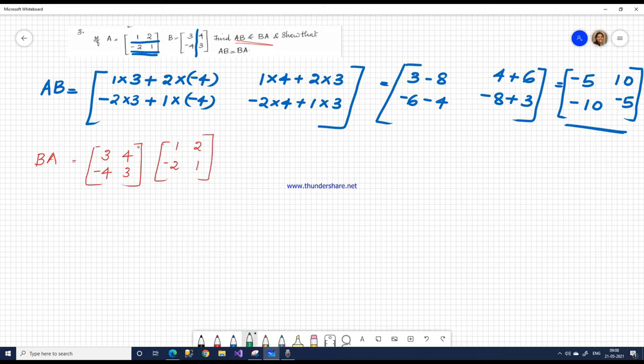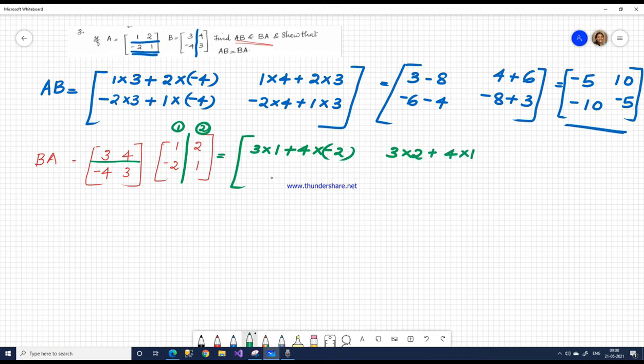So initially considering the first row with the first column. This is the first column, this is the second column. So the answer will be 3 into 1 plus 4 into minus 2. 3 into 2 plus 4 into 1.